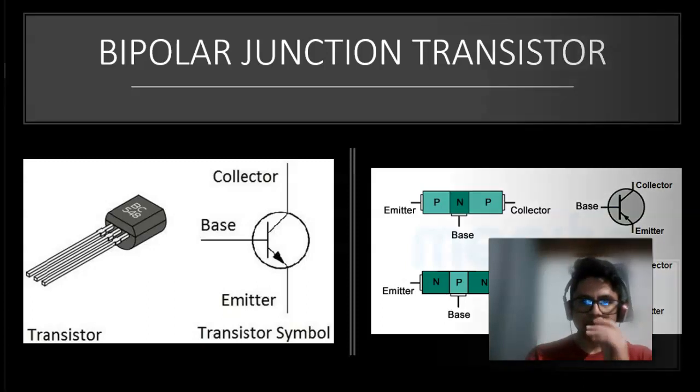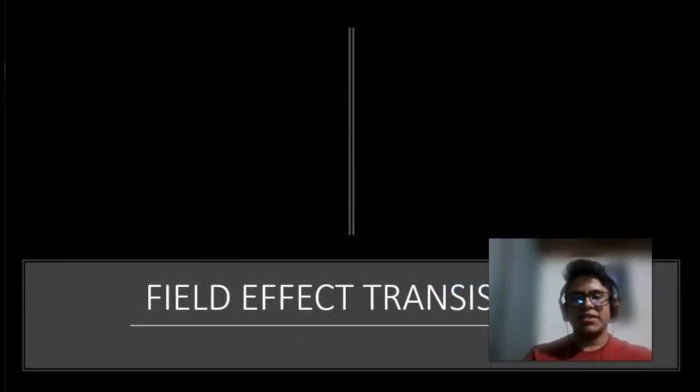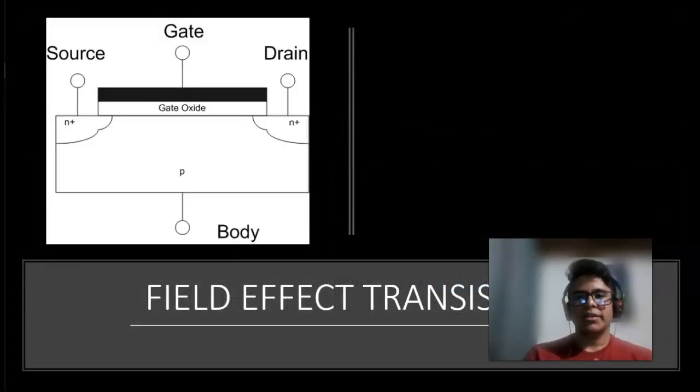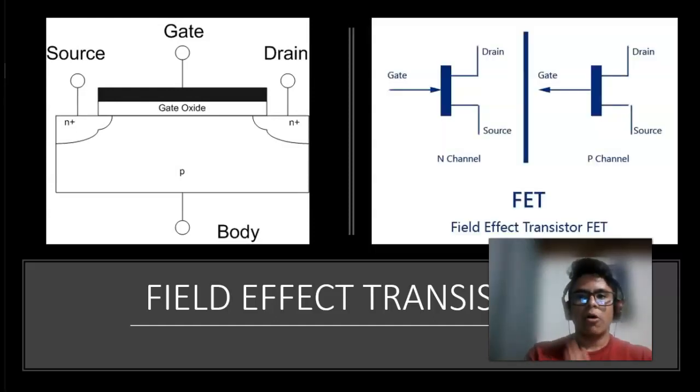Finally, the FET, a transistor or device in which the current is controlled by the voltage. When operating as an amplifier, they supply an output current that is proportional to the voltage applied to the input.